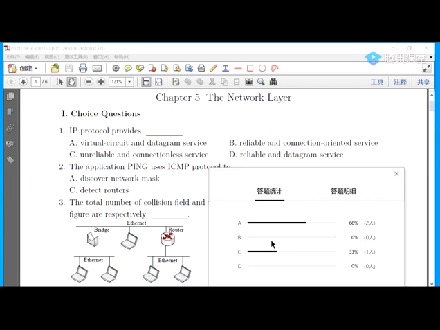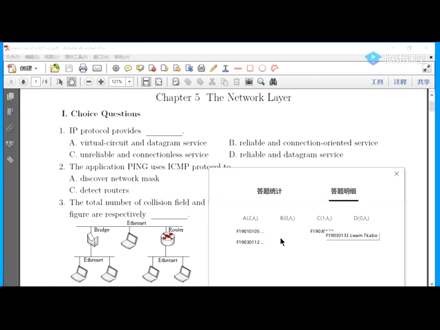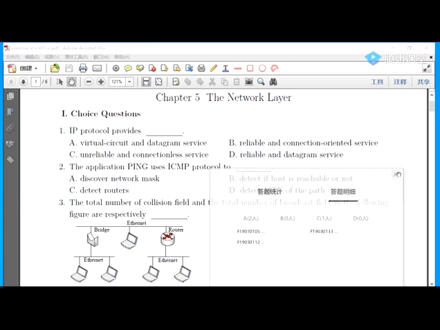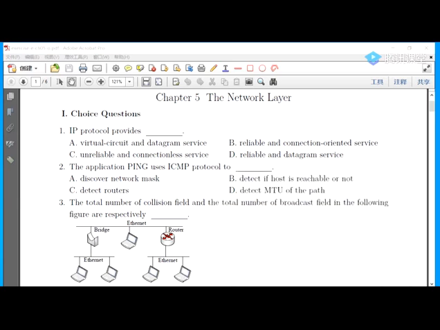Okay, only one student selects C. Two students select A. Okay, the answer is C. The answer is C.